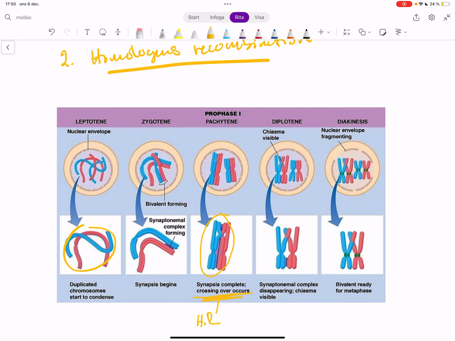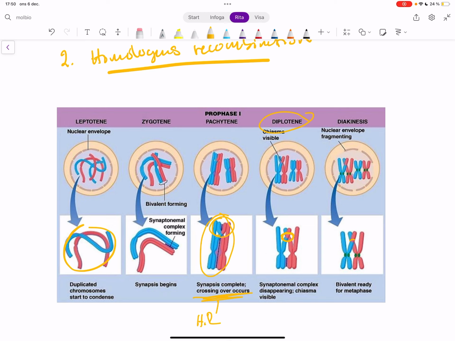And in diplotene stage, you will also start to see the bivalent, and the synaptonemal complex will start to disappear, and now you can see the chiasmata.